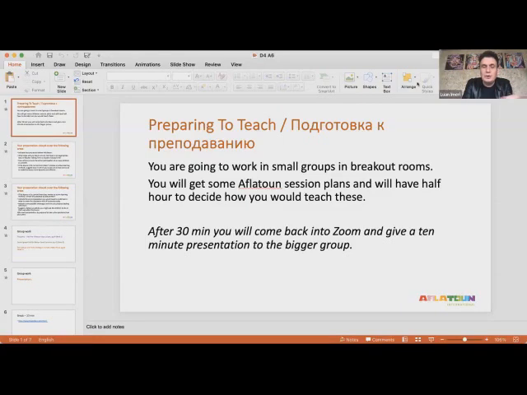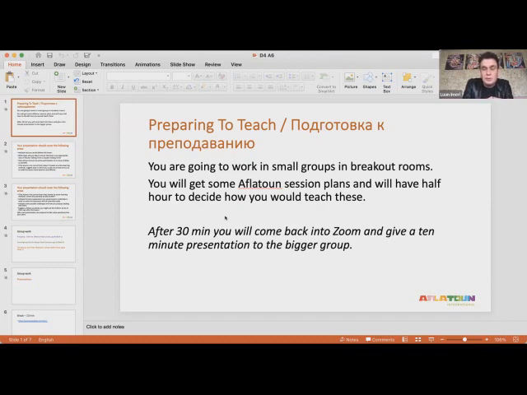deliver this lesson. I will share the screen just to make sure that everyone is seeing this. The idea now is to prepare a teach. You are going to work in small groups in the breakout rooms. You will get Aflaton session plans, and then you will come back after approximately 30 minutes and present.